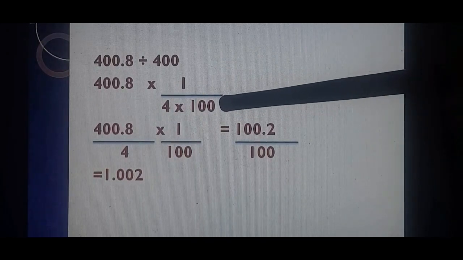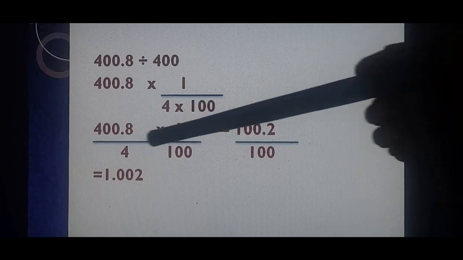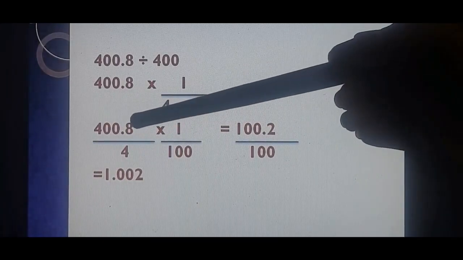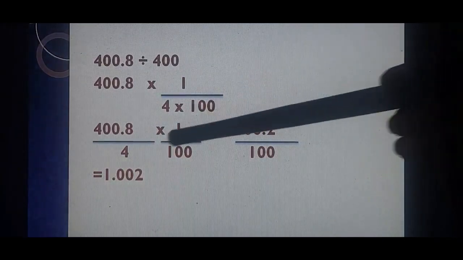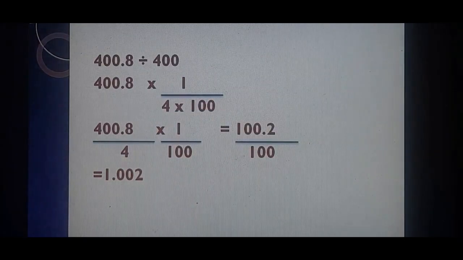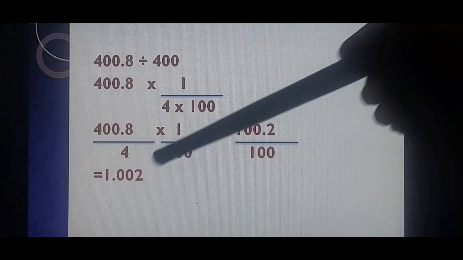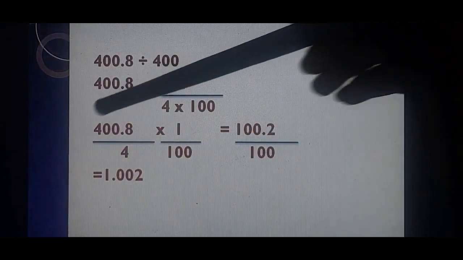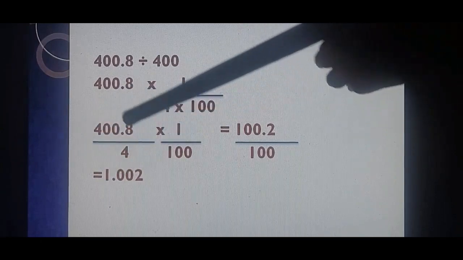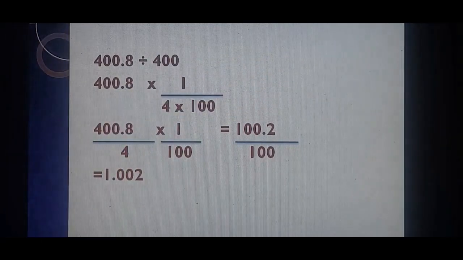We can do it. Okay. Now what we have done? We have done 400.8 divided by 4, multiplied by 1 upon 100. We have separated this 1 upon 100. Now this division we have already done. It is 100.2. We have done it.